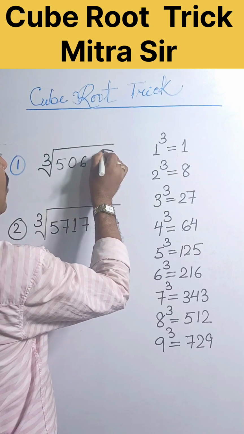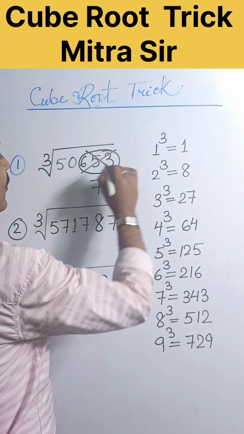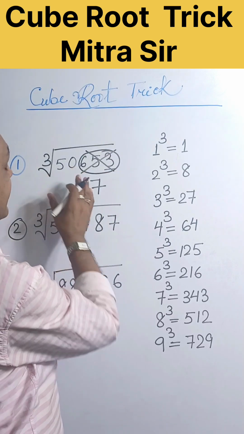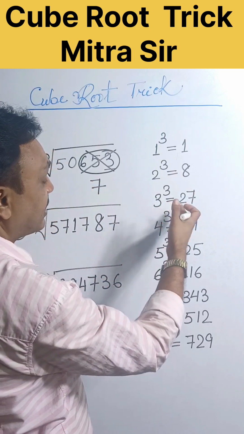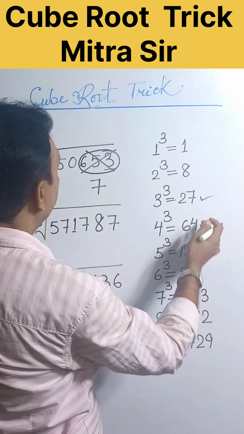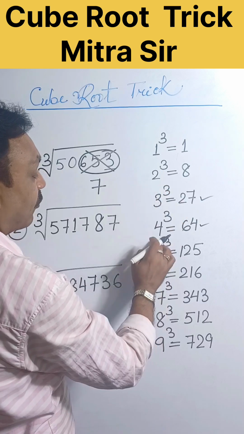Now you have to cut these 3-digit numbers. Then what is left? 50 is left. Now check in the second step, between which two numbers 50 is coming. Here 27 and here 64. So 50 is coming in between 3 cube and 4 cube, right?